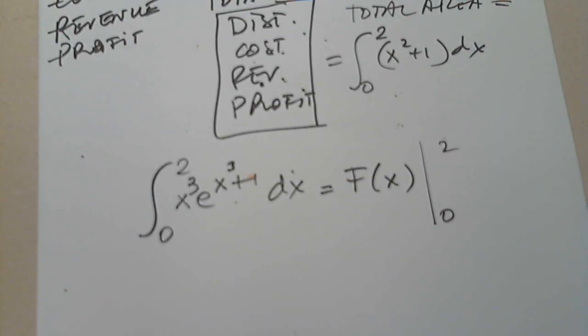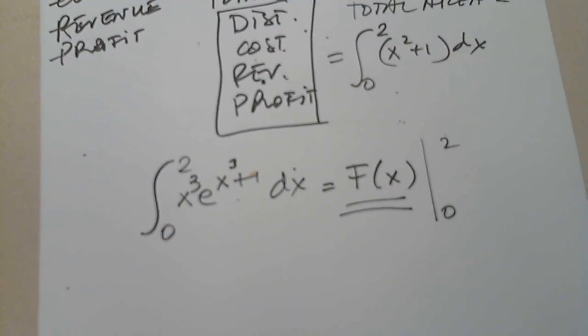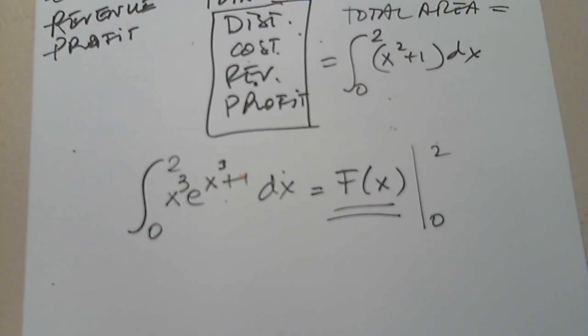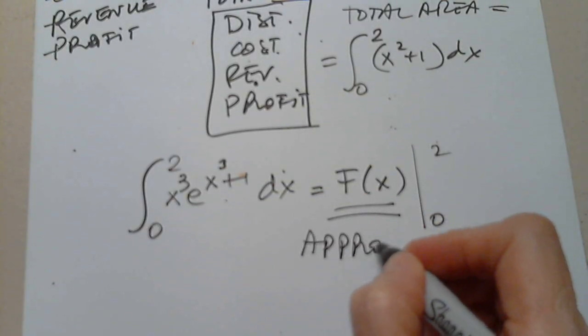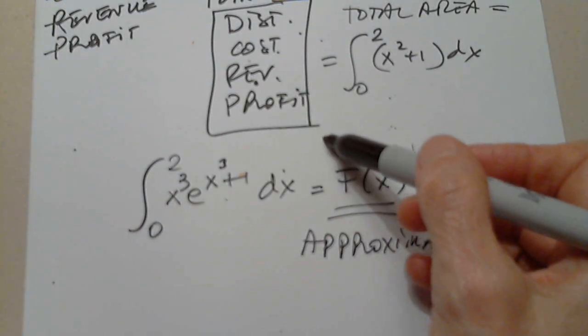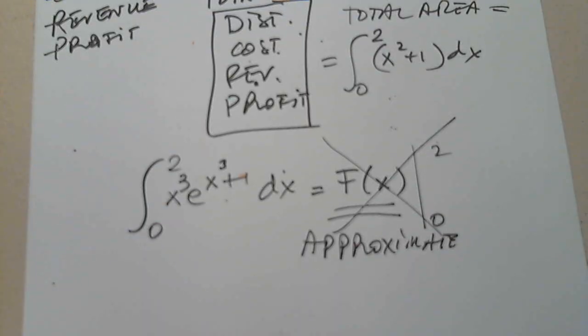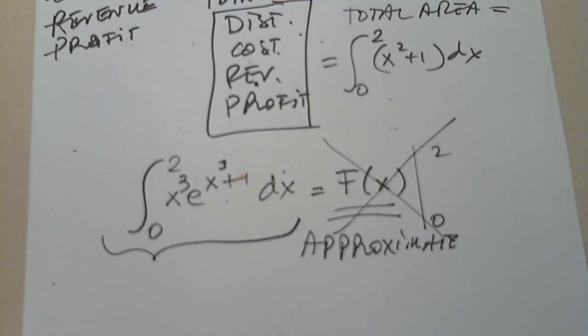But in certain situations, we will not be able to find it. We are not capable of finding all antiderivatives. Many of them we can, many of them we cannot. So I can still approximate. If I cannot find the antiderivative by hand, I can still approximate this integral.